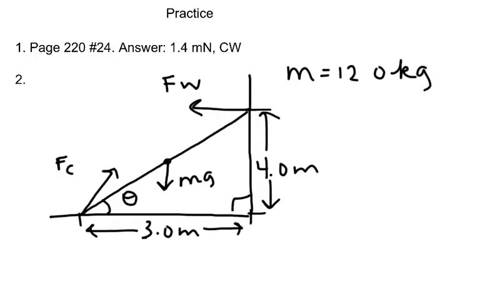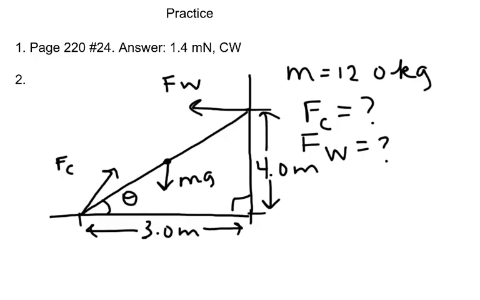Using the conditions for static equilibrium, I would like you to find the force of the cement acting on the ladder, and I would like you to find the force of the wall acting on the ladder. A hint is that for the force of the cement acting on the ladder, you're going to need to use Pythagorean's theorem to find that.